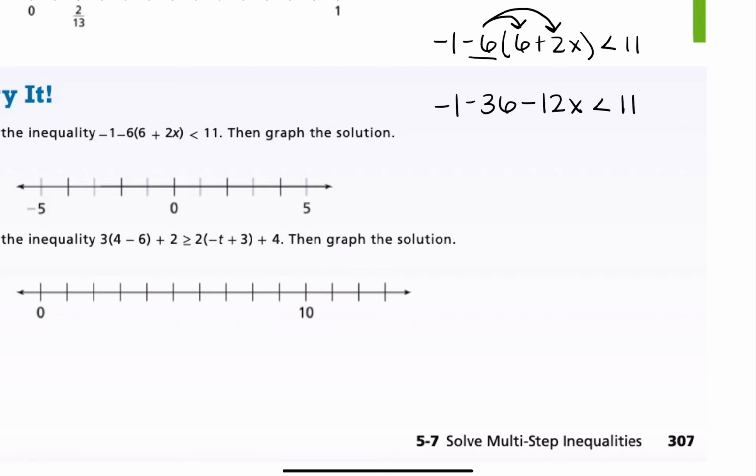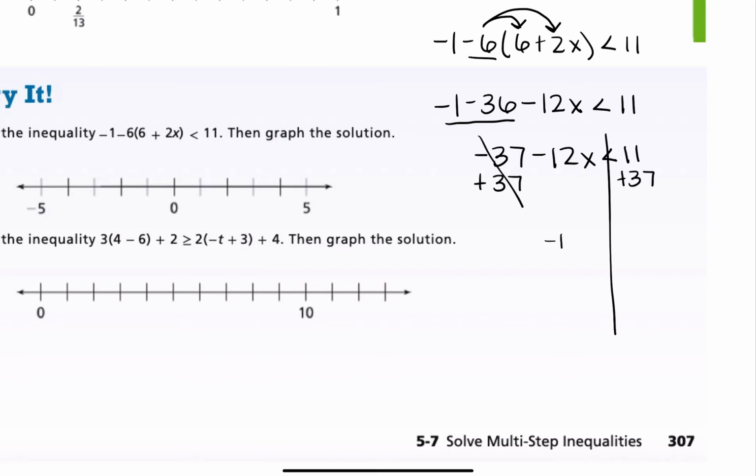Combine like terms, I have two constants, -1 and -36. I add those together to get -37 minus 12x is less than 11. Now I can draw my line and solve because I'm down to only a constant and one variable, what I need. All right, my x is being multiplied by -12, and then I also have that -37 I need to get rid of. To get rid of -37, I'm going to need to add 37 to make it 0. What I do to one side, I do to the other.